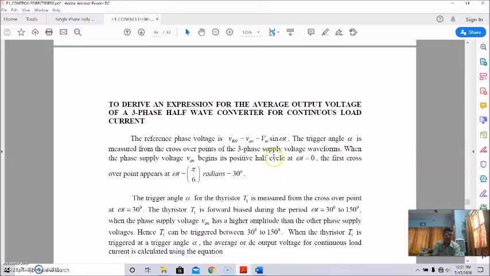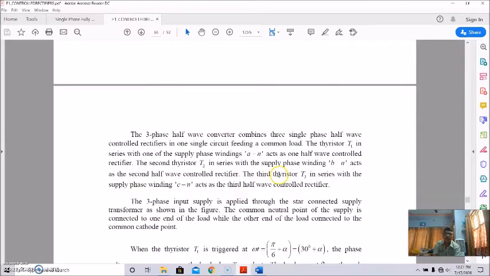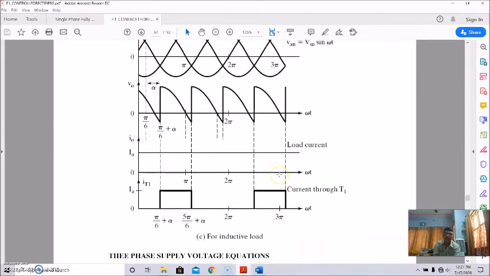The trigger angle alpha is measured from the crossover points of the three-phase supply voltage waveforms. So go back to this diagram, so it will be clear.